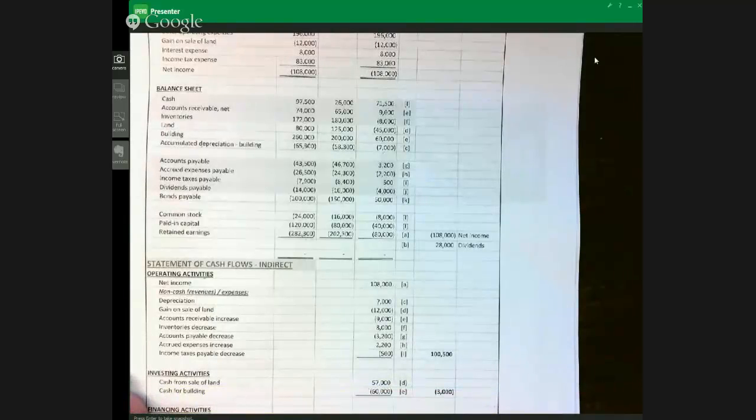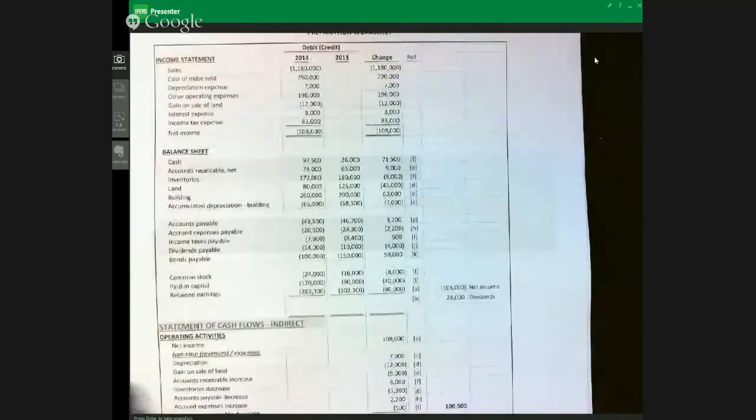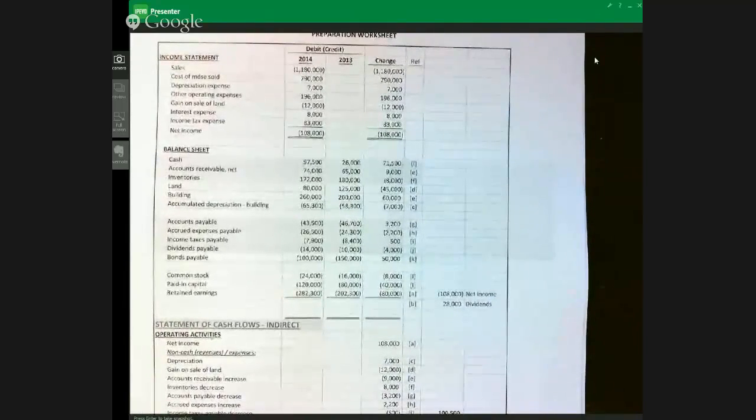Okay, all right, so that takes care of the gain on the sale of land, and these first two were really the hardest. The rest of them, as you will see, are fairly straightforward. So let's work on them.